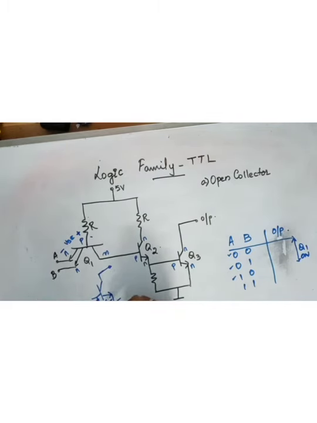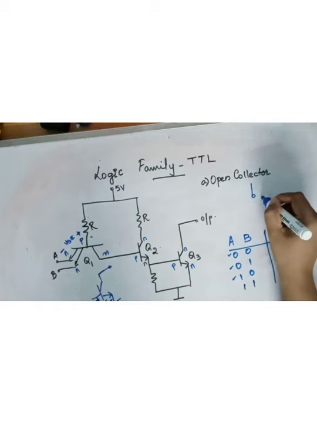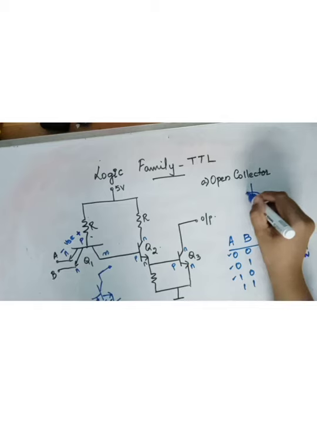Base emitter voltage is positive, transistor is on. Transistor is on means what? This will act as a closed switch. The switch is closed.